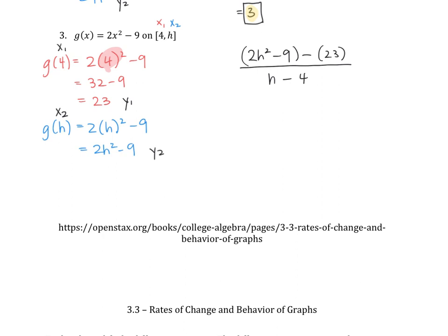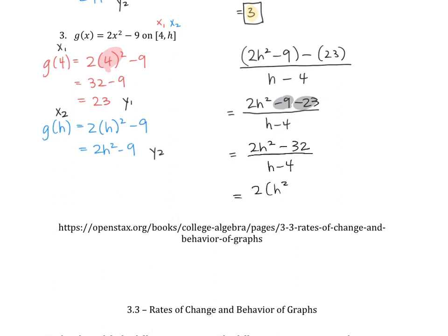Now I'm going to try to simplify as much as possible. So we'll have 2h squared minus 9 minus 23 over h minus 4. I can combine my two like terms here on the top. So that will be 2h squared minus 32 over h minus 4. And then I can try to factor the top. So a 2 can come out.